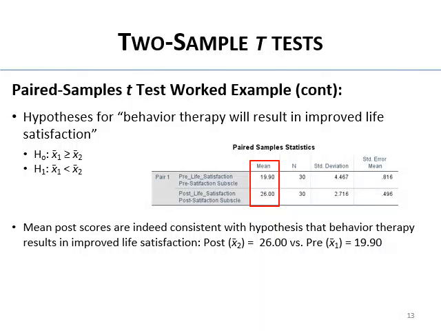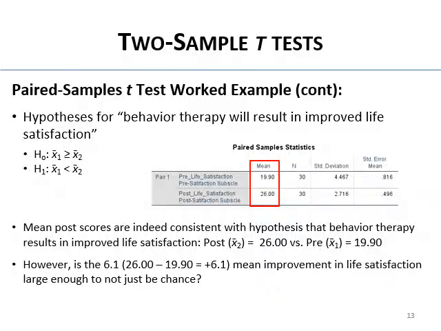The post score was 26, the pre was 19. That is a higher number, but the question is, that's a 6.1 point change. Is that just a couple extra red Skittles, a couple extra marshmallows in your Lucky Charms, or is that a real change? That's why we have to calculate the test. It lets us know the probability that could happen just by chance, a 6.1 difference.